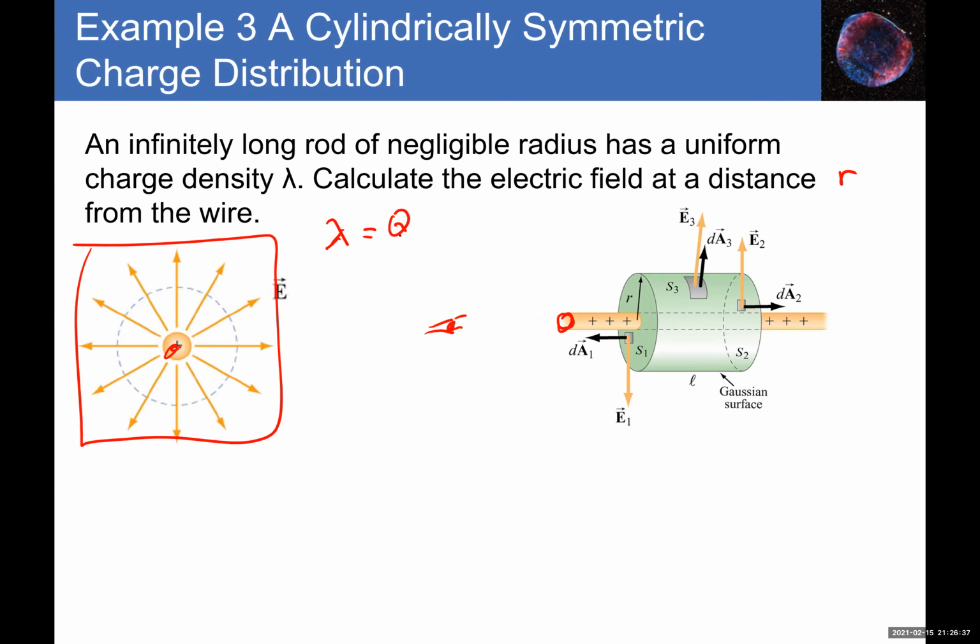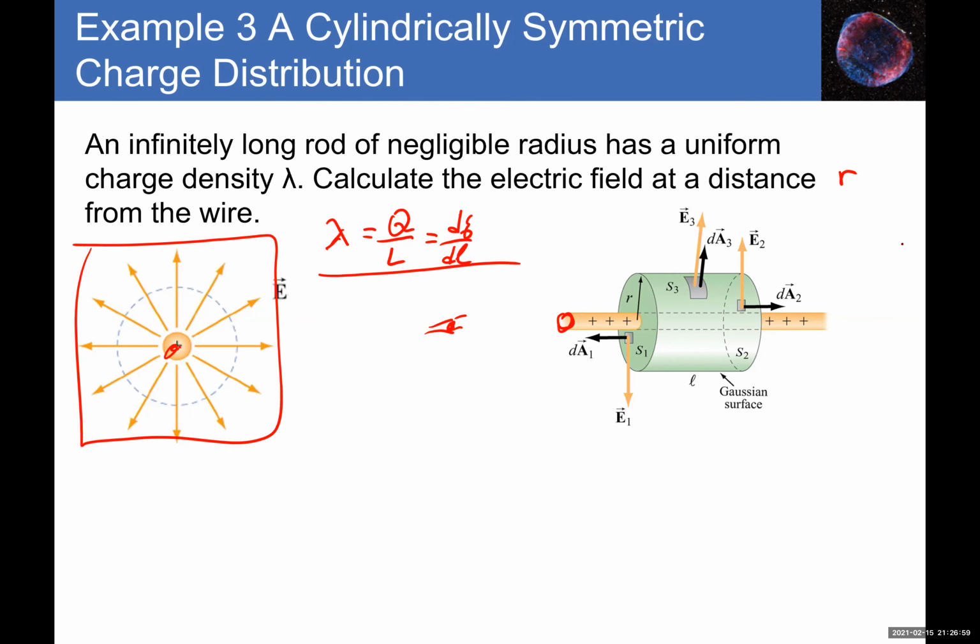Remember, it equals the total charge over the total length, right? And L is generally the total length. And this also equals dq over dl, like we had before. But the idea is that lambda is the charge per unit length.